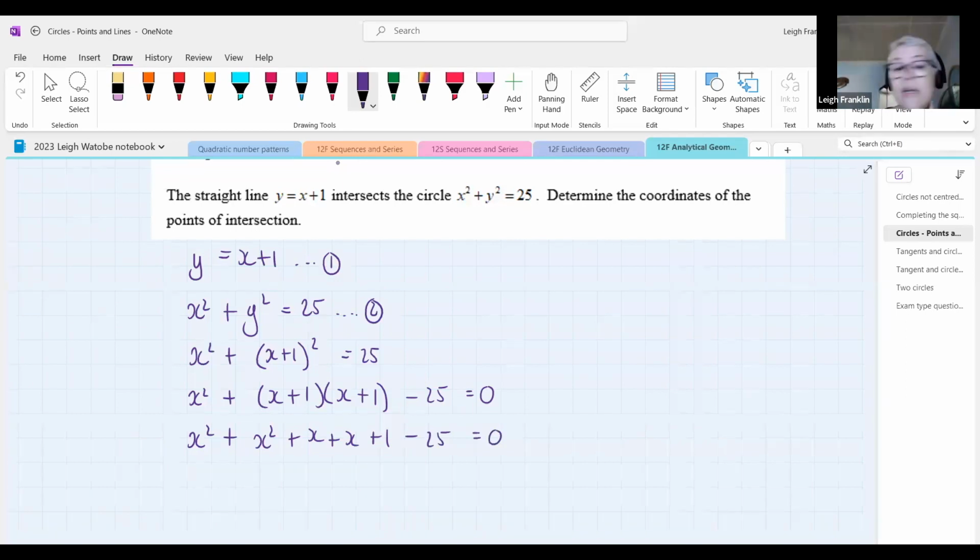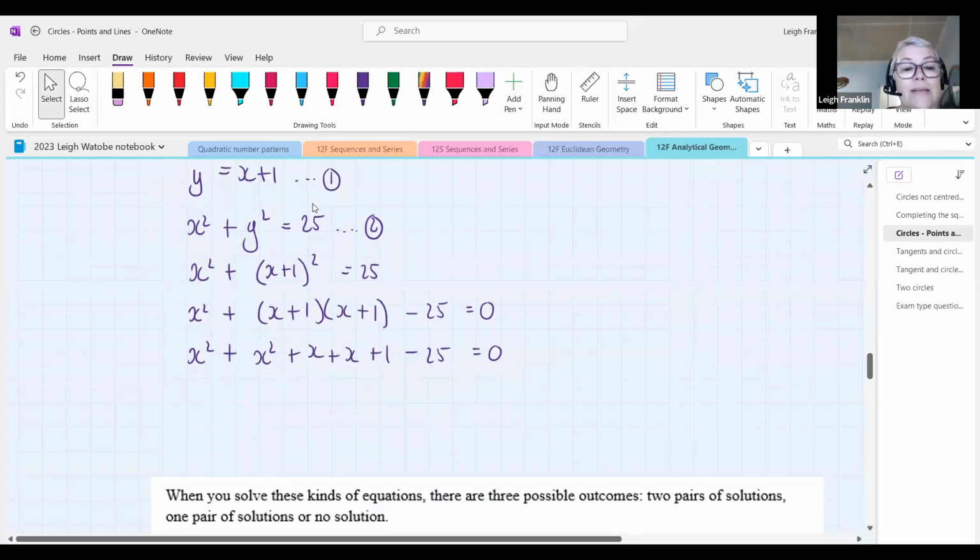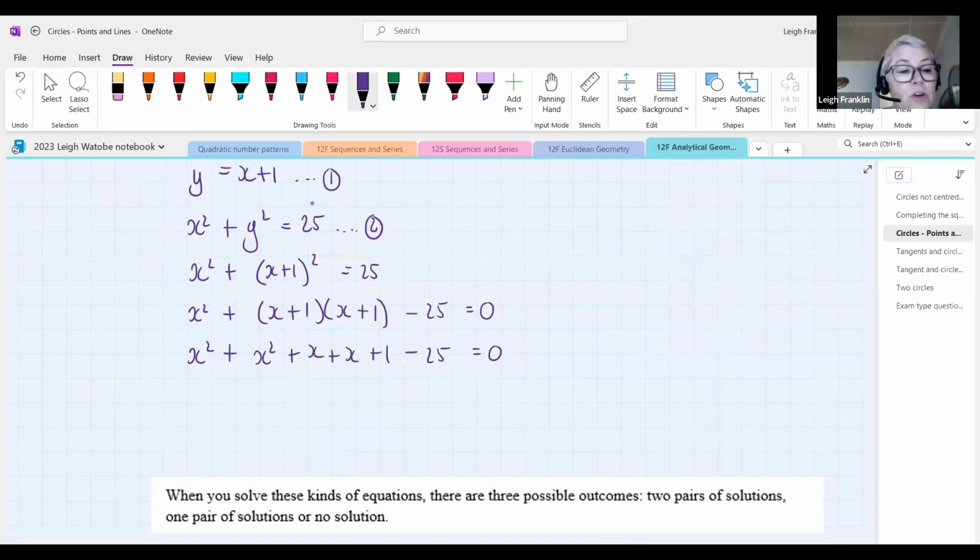And now I want to get my equation into standard form. So this is going to give us 2x squared plus 2x, and now I've got 1 take away 25, so that would leave me with negative 24 equals 0.